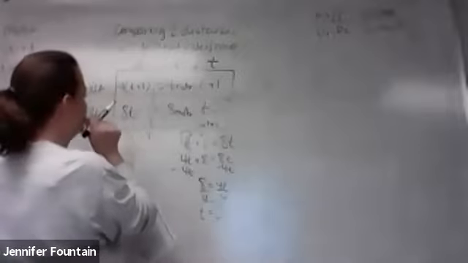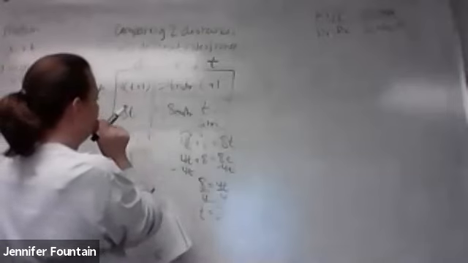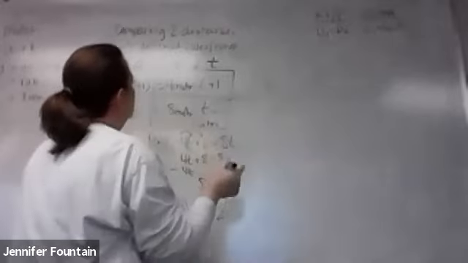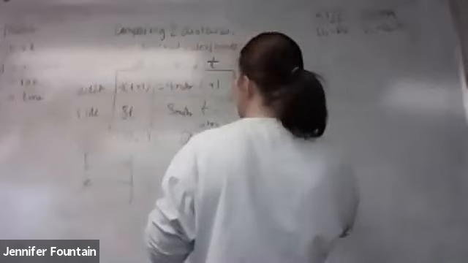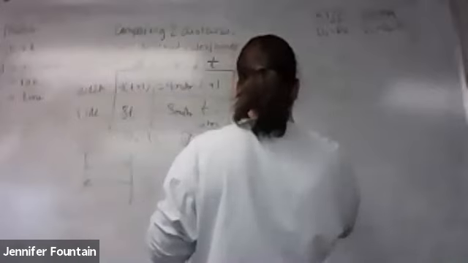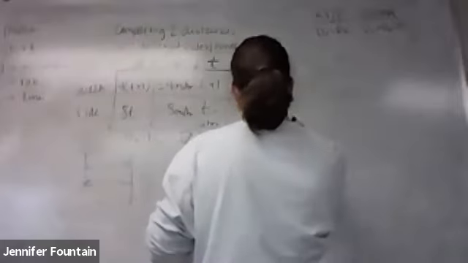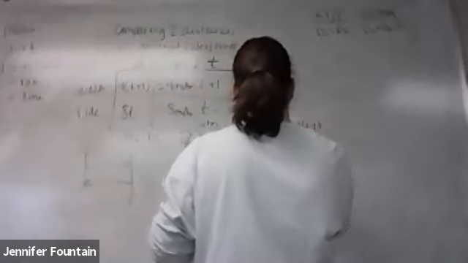Actually, let's see. What would happen if I did 4 times T? 4T is equal to 8 times T minus 1.